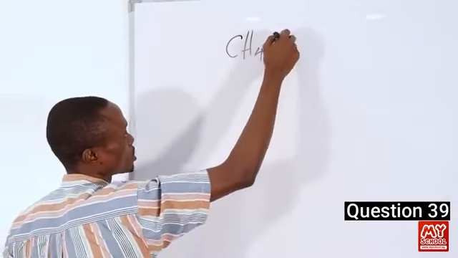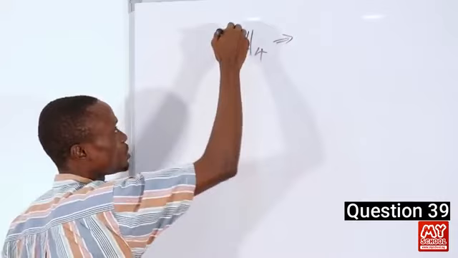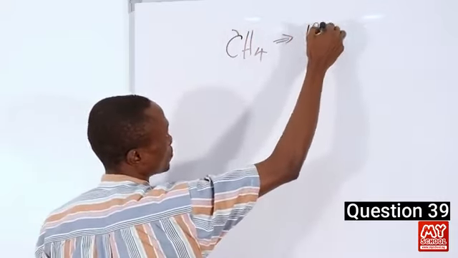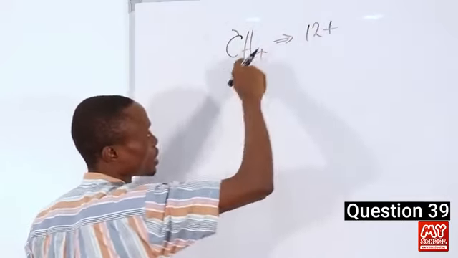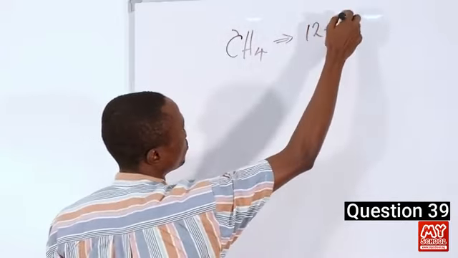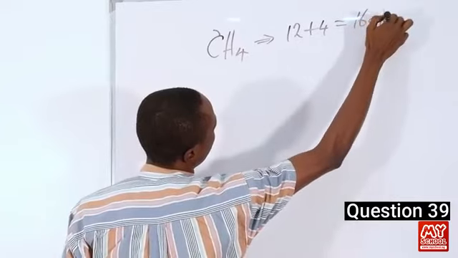First of all, we must calculate the molar mass of methane. From the question we are given the molar mass of carbon, of course, that will be 12. So the molar mass of methane will be 12 plus, of course, you know that the atomic mass of hydrogen is 1, so 1 times 4, that will be 4. Add this together, this will give us 16 grams per mole.